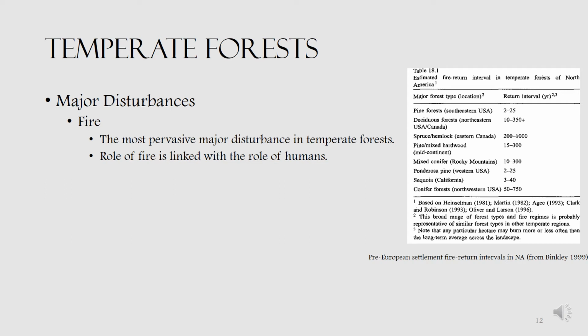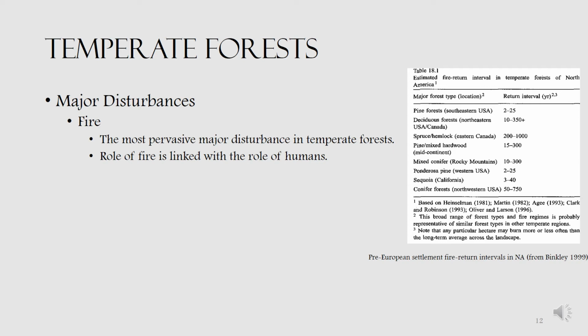And what we think of generally, certainly in Colorado, as one of the primary major disturbances, stand replacing disturbances in these temperate forests, is fire. This is one of the most pervasive major disturbances in temperate forests, and certainly one that's linked to human activities. This table, although a little grainy, hard to see, the big takeaway is just that different forests have different return intervals for fire.